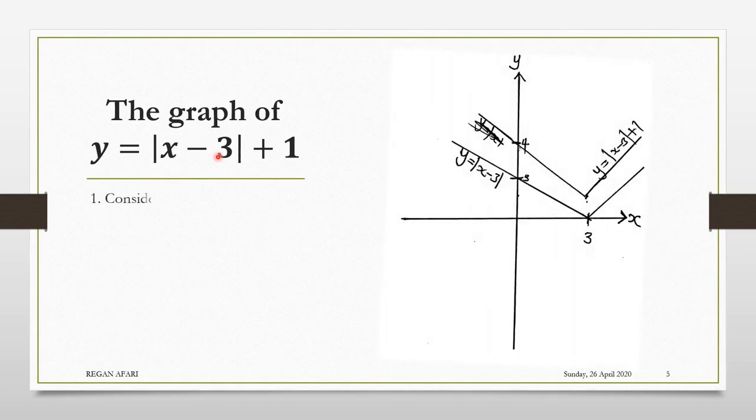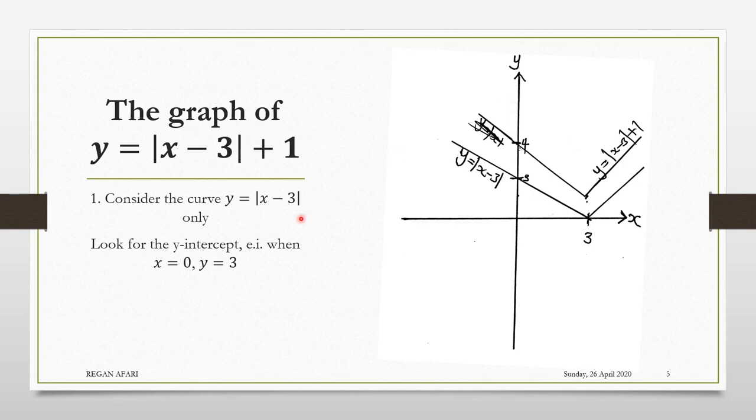The first thing you may want to do is to consider only the absolute value of x minus 3. No problem, let's consider it. The next thing we will do is look for the y-intercept of this absolute value of x minus 3. At the y-intercept, so all the points on the y-axis, any curve that crosses the y-axis at that point, the x value is equal to 0.